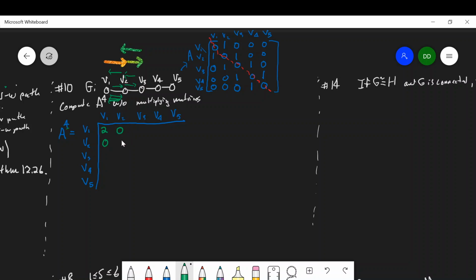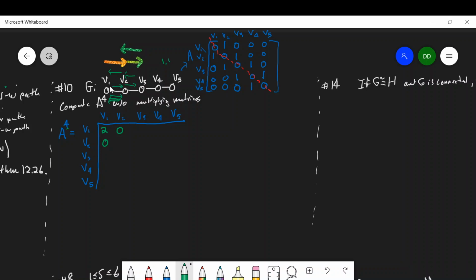All right, let's do, how about a couple more. So V1 to V3. How can I do that in 4 steps? Well, I could go V1 to V2 to V3. That's 2 steps, and then I could go V2 to V3. So there's 1. I could go V1 to V2, V2 to V3, V3 to V4, and then back to V3. There's another 1. Any other way I could do it?